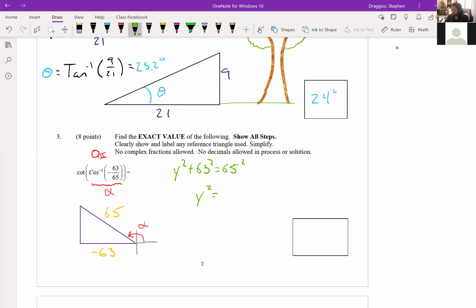So 65 times 65 minus 63 times 63. So y squared is 256, and y is plus or minus 16. We're in the second quadrant, so we're going to take positive 16.